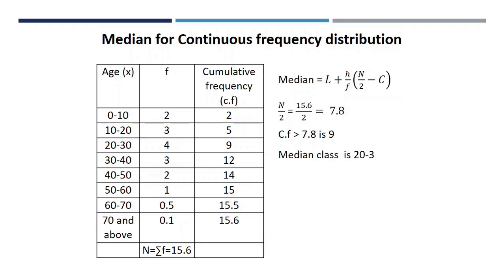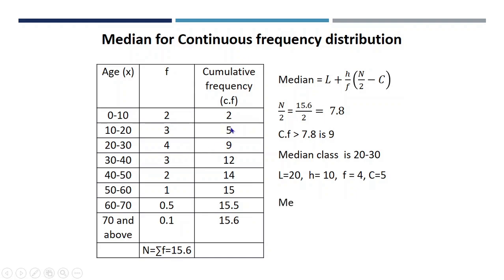And the lower limit of this median class is 20. So the value of L is 20. And H is 30 minus 20, which is 10. And F is the frequency of the median class, which is 4, and C is the cumulative frequency preceding the median class. So cumulative frequency preceding the median class is 5.